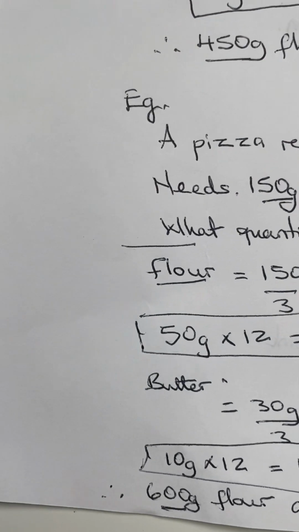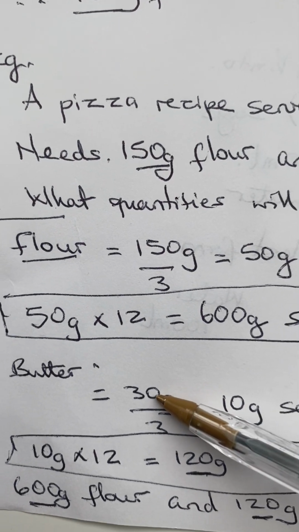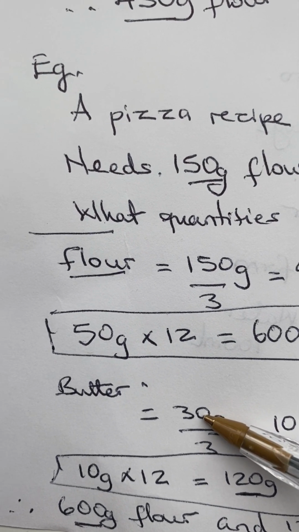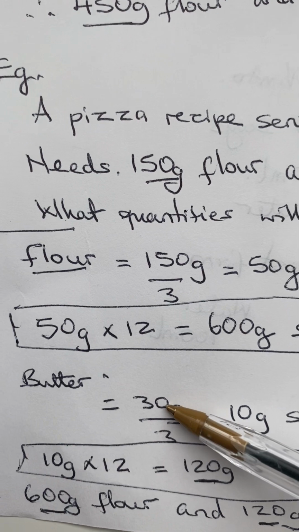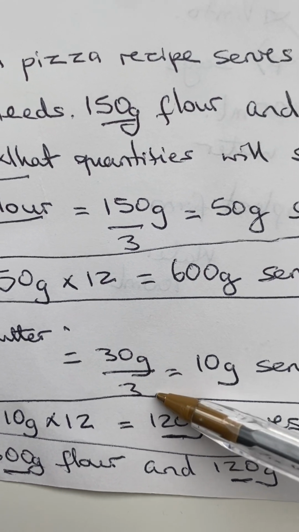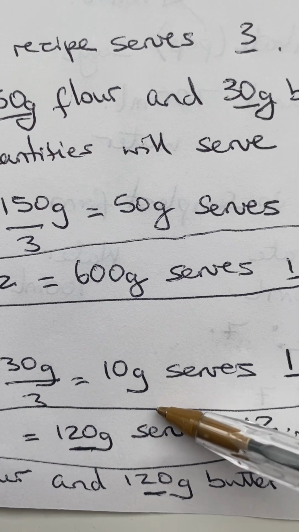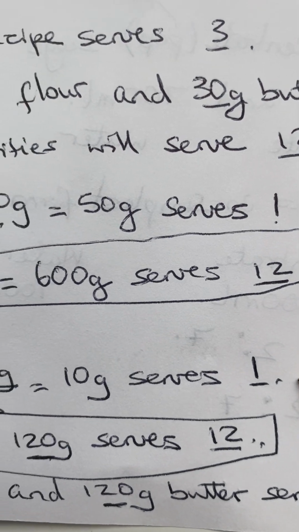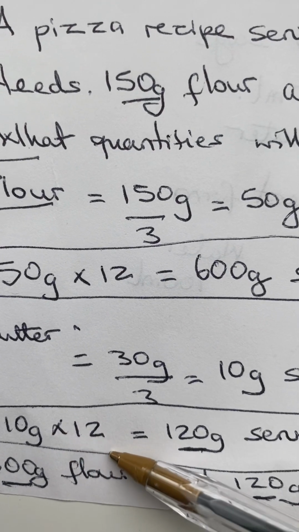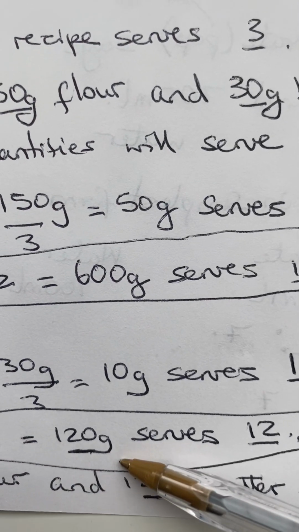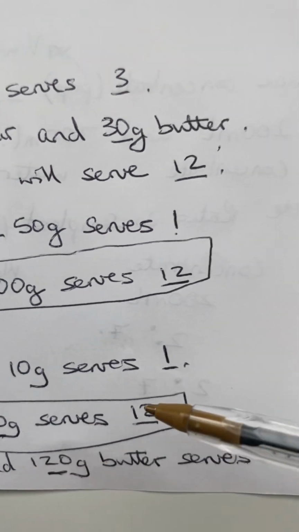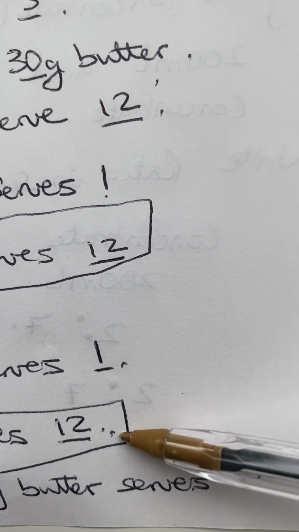Now for butter, 30 grams divided by 3 is 10 grams, which will serve 1. So 10 times 12 is 120 grams, which will serve 12.